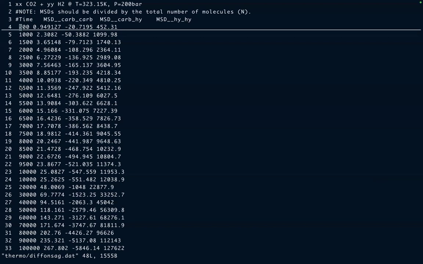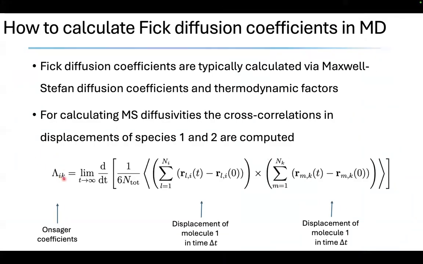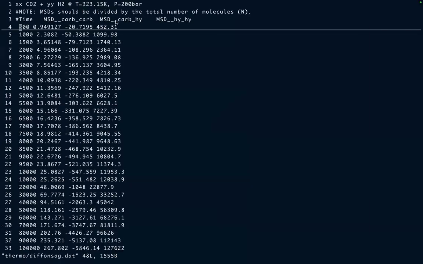And once you have identified the region where the mean square displacement varies linearly with time, the slope then gives you the omega cc. Similarly, omega hc can be identified by plotting the MSD as a function of time and identifying the region where it varies linearly with time.